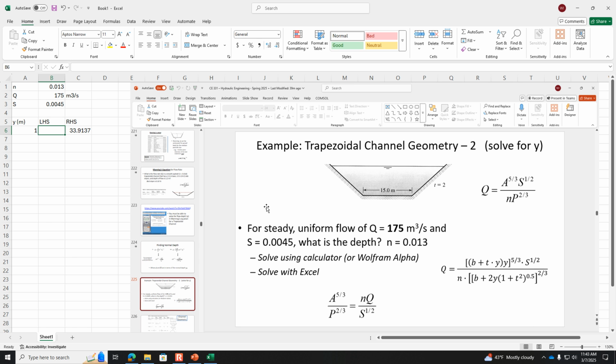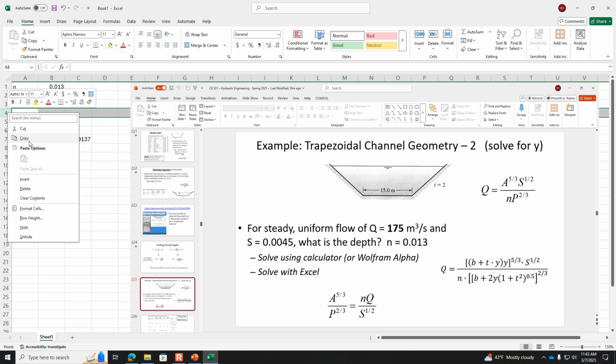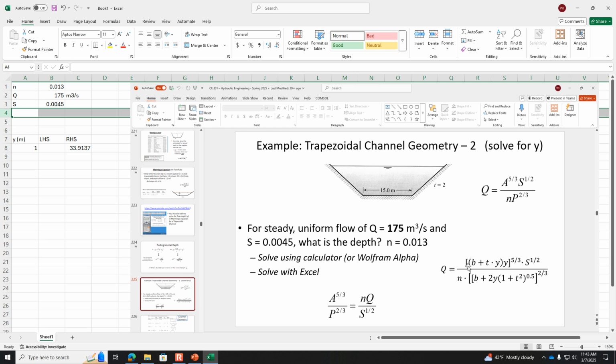So I'm going to do the area to the 5/3 and the wetted perimeter to the 2/3. Now to do that, I'm going to also need to define what is B and also define what is T, because B, T, and Y go into the area and wetted perimeter.